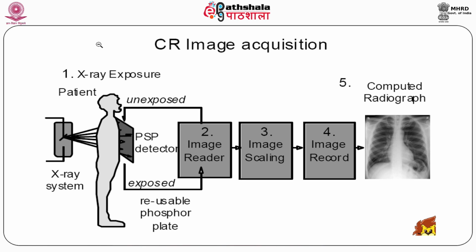Now, the components of digital radiography. We will discuss first of all the image receptor, that is the imaging plate, then the ID tablet, which is the image reader, CR readout, processing server, and workstation of a computed radiography.